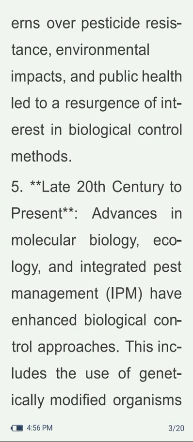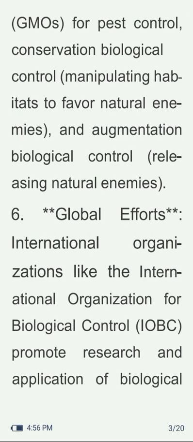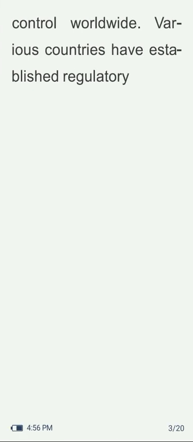Late 20th century to present: advances in molecular biology, ecology, and integrated pest management have enhanced biological control approaches. This includes the use of genetically modified organisms, GMOs, for pest control, conservation biological control, manipulating habitats to favor natural enemies, and augmentation biological control, releasing natural enemies. Global efforts: international organizations like the International Organization for Biological Control, IOBC, promote research and application of biological control worldwide.